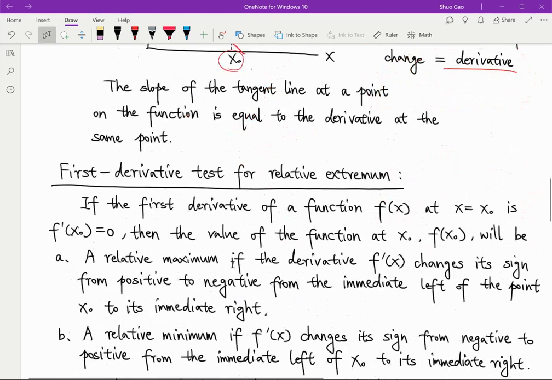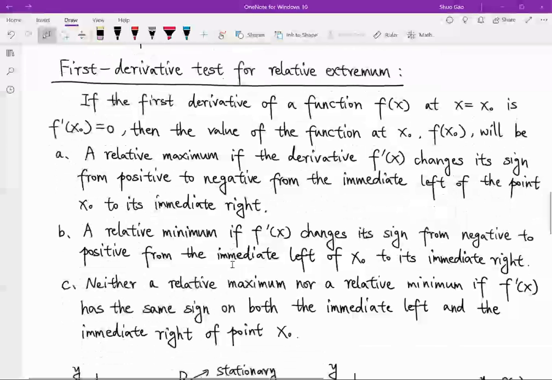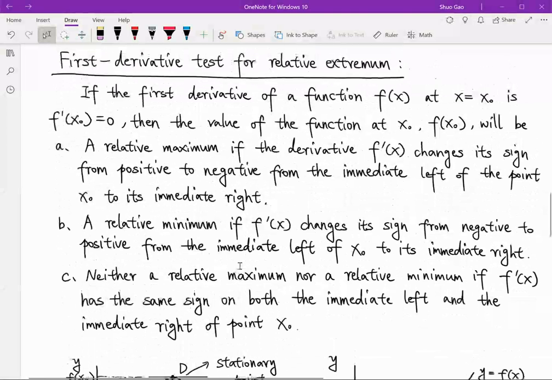So here we have our first derivative test for the relative extreme. We have 3 cases, and each of them can be identified by the first derivative. So if the first derivative of a function f(x) at x equals x0 is that f prime of x0 equals 0, right? So the slope and the derivative at point x0 is just 0.